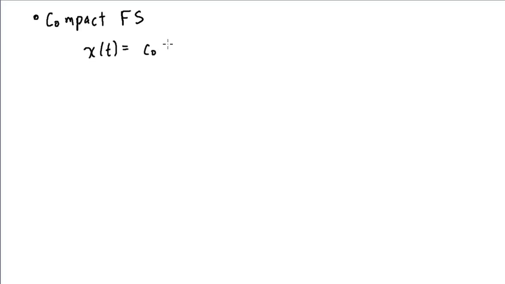Those sine and cosine terms were all at the same frequencies, so they can be combined into a single sinusoid with amplitude. I'll use Cn to represent the amplitude here. The frequency is the same, n omega 0 t, but now we add a phase shift term, theta n.